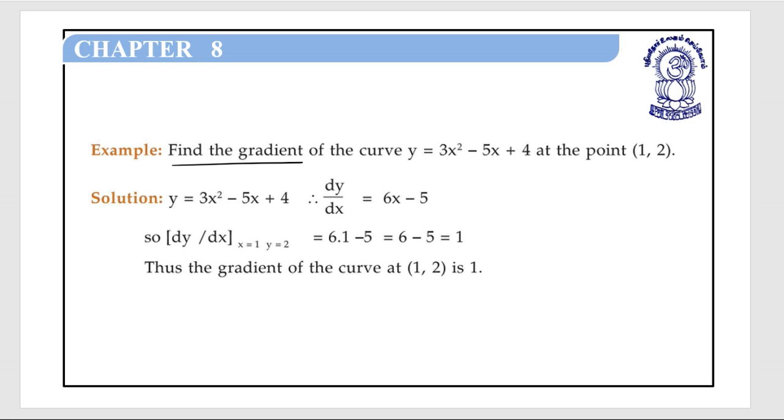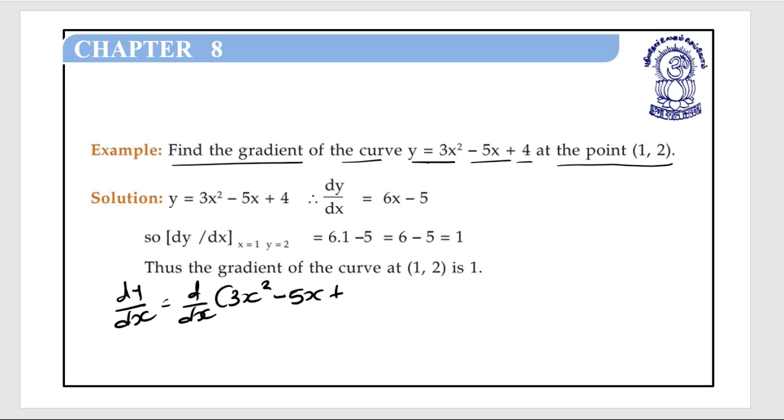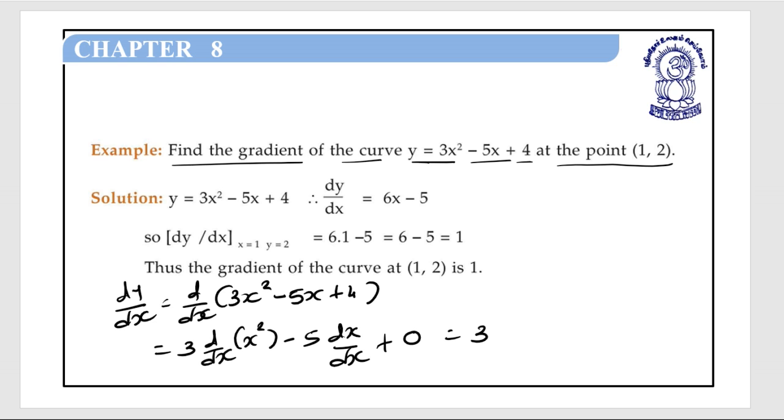Now example: find the gradient of the curve y is equal to 3x square minus 5x plus 4 at the point (1, 2). Gradient means dy by dx. So here dy by dx is equal to d by dx of 3x square minus 5x plus 4. 3 constant, d by dx of x square minus 5 dx by dx, constant 0. 3 into 2x, that is 2x, minus 5 into 1, so 6x minus 5.